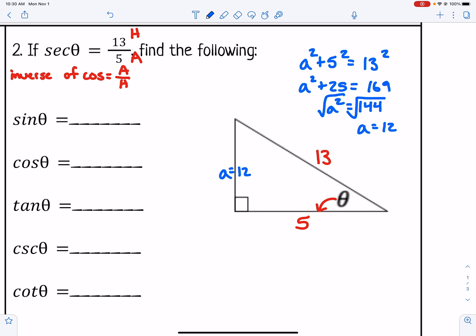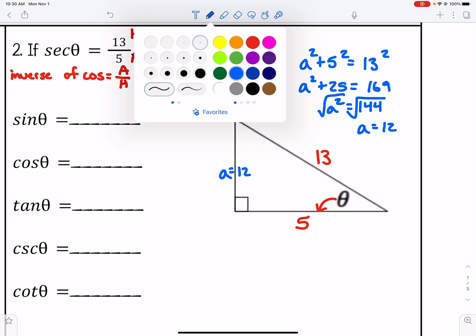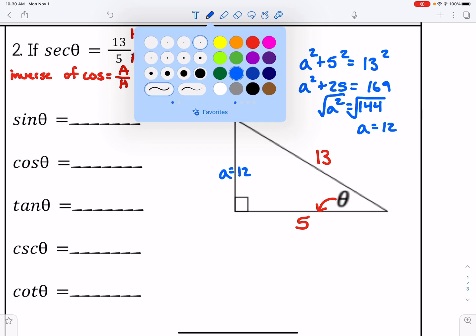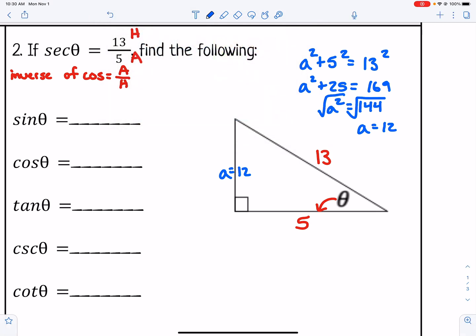Now I've got everything I need to write the rest of my trig ratios. So sine is SOH, some old hippie. So opposite over hypotenuse. Opposite of theta is 12 and the hypotenuse is 13, so that would equal 12 over 13. Cosine goes with CAH, cah another hippie.